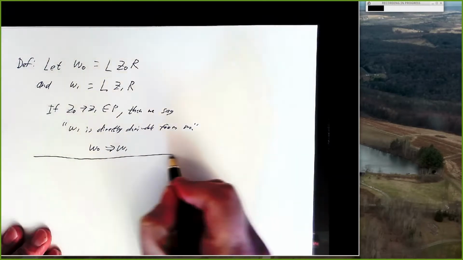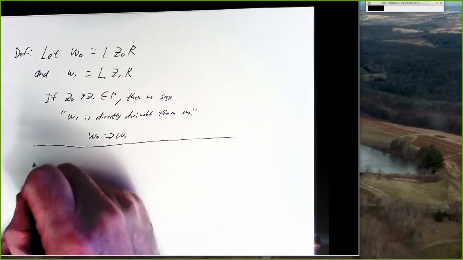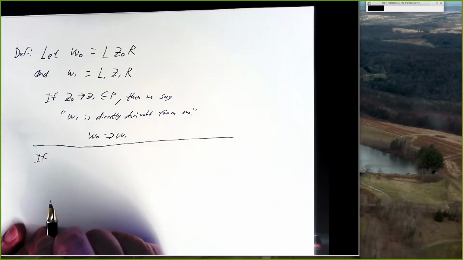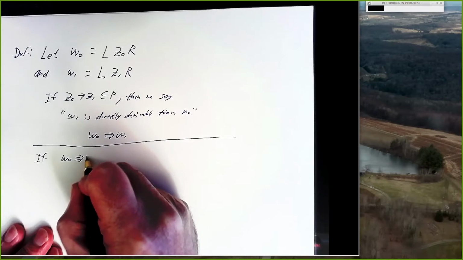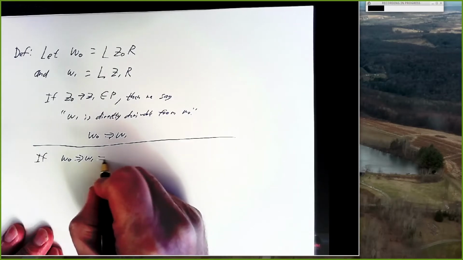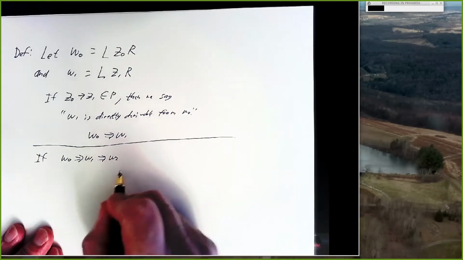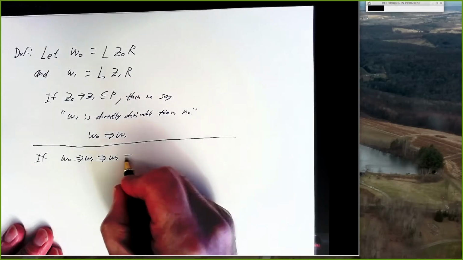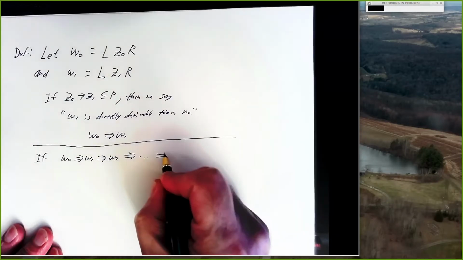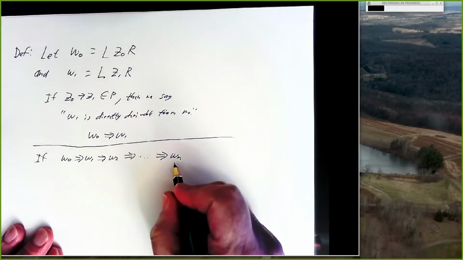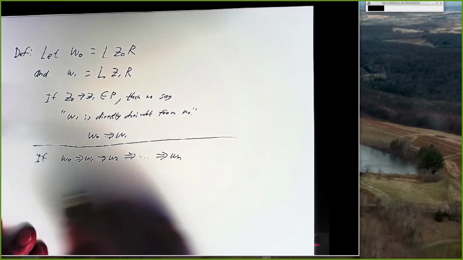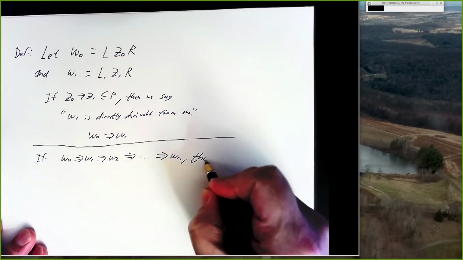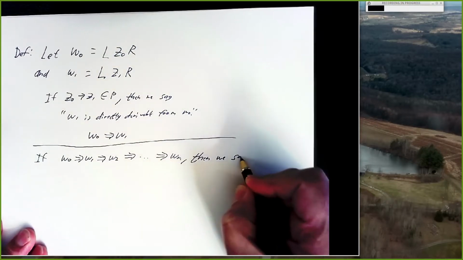All right, and then a similar definition. Suppose that W1 is directly derivable from W0, and suppose W2 is directly derivable from W1, and so on, up to some Wn is directly derivable from Wn minus 1. Then we can say the following.